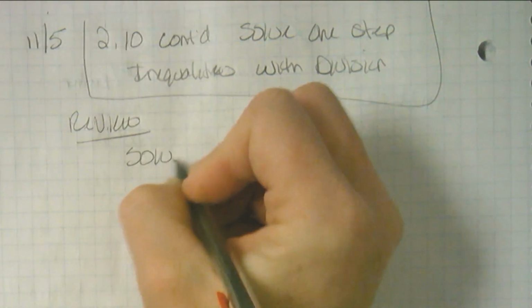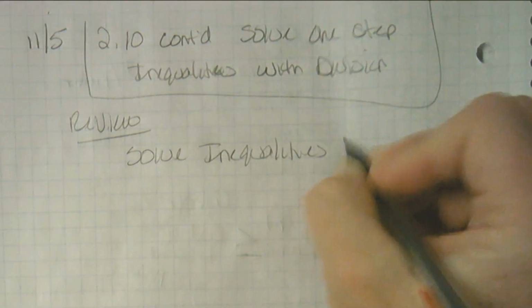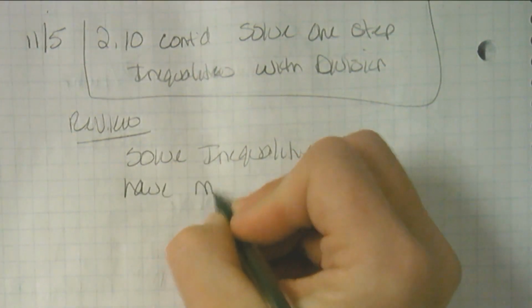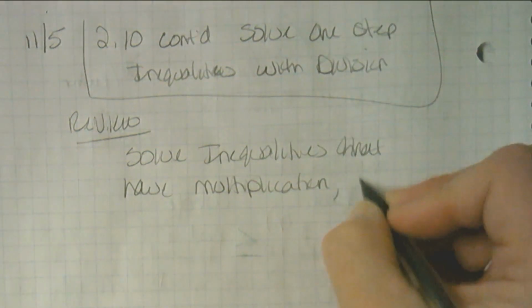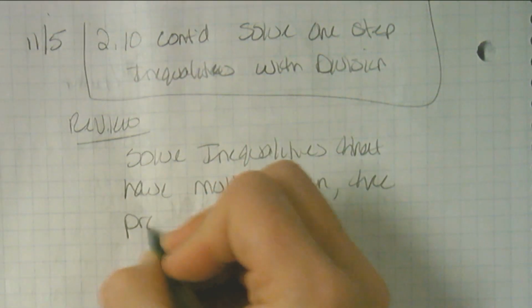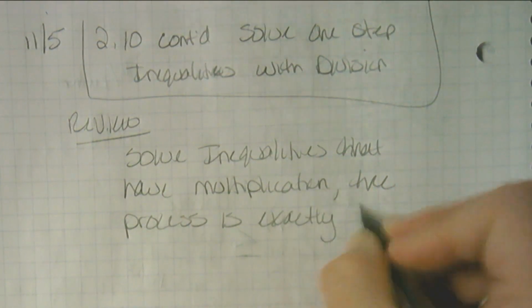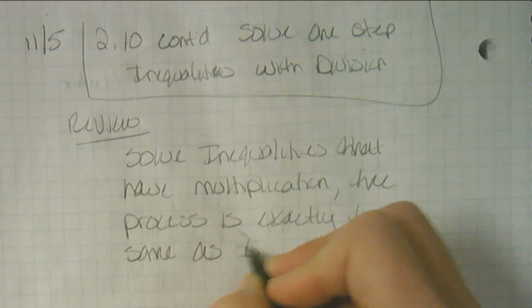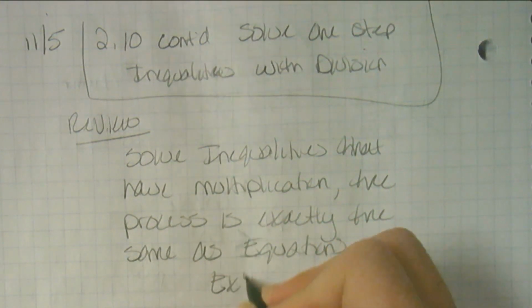All right, so when we solve inequalities that have multiplication, the process is exactly the same as equations except.